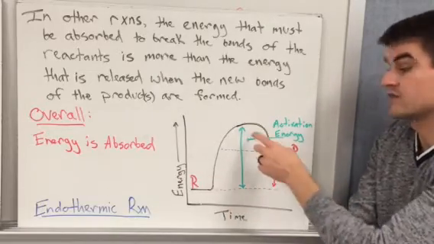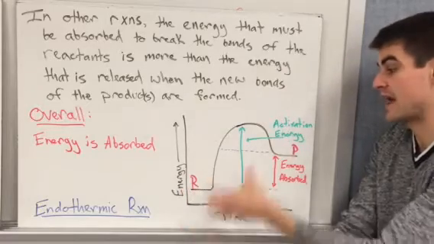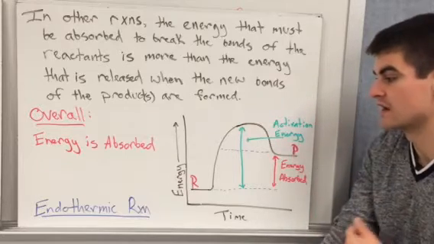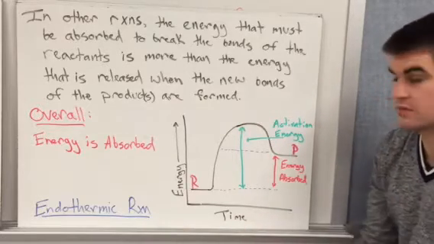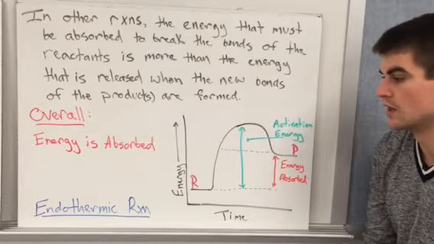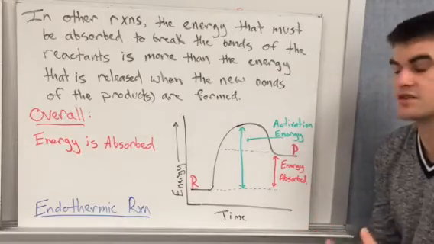The activation energy is much higher, because to get those bonds to break, we have to add a lot in, and then not a whole lot is given out. So this is an endothermic reaction. These would feel cold because they're stealing energy from things. If you touched it, it's stealing energy from your hand.